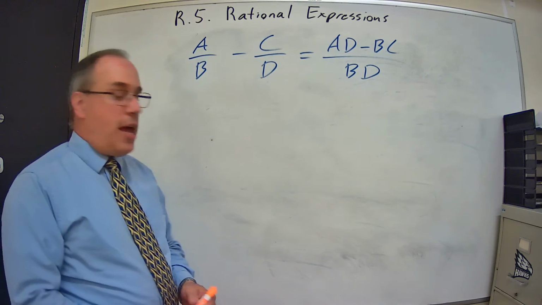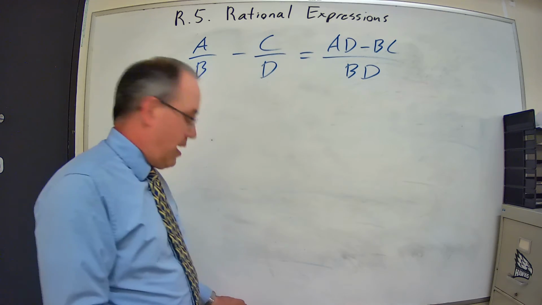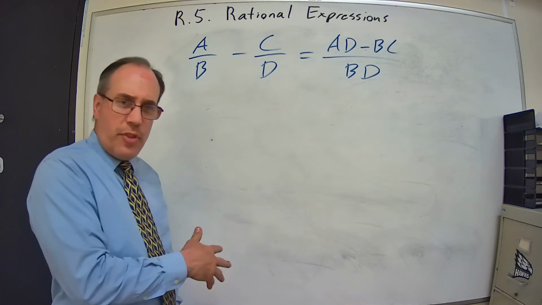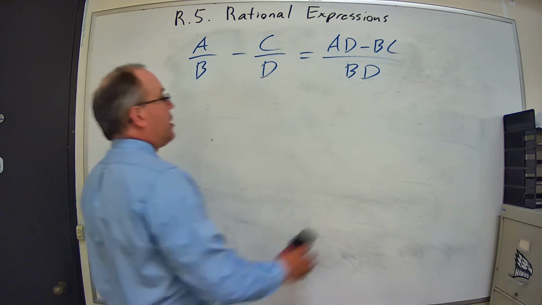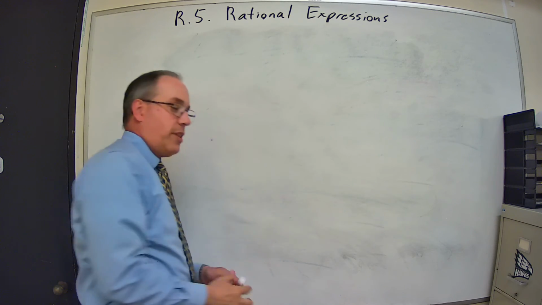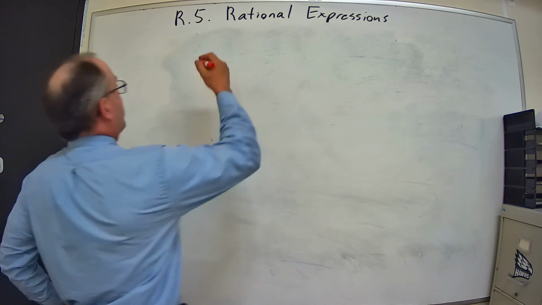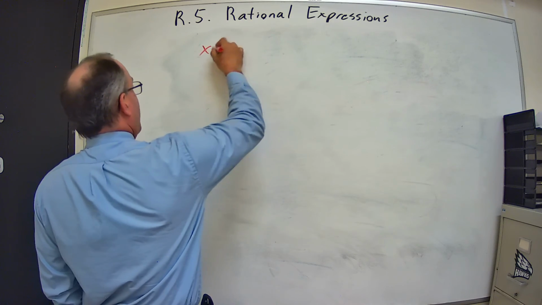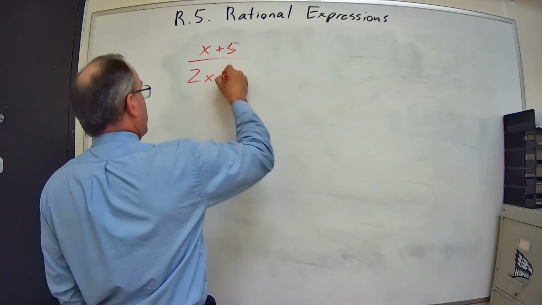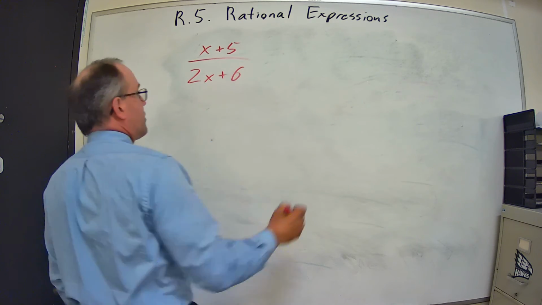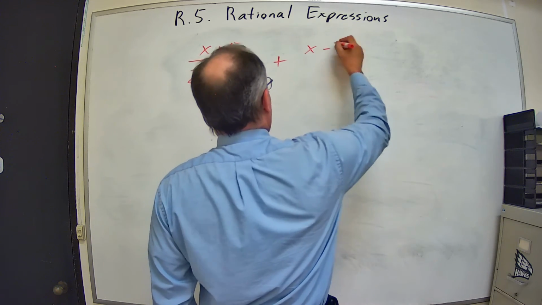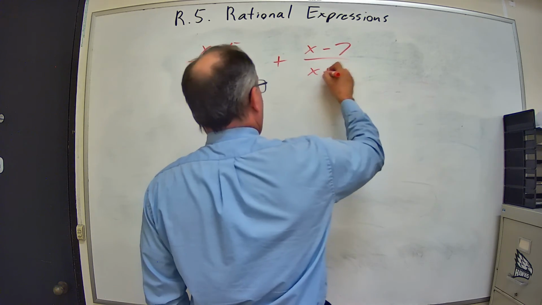Now, sometimes we have to deal with finding a common denominator, the least common denominator. Here, and in the example that we just did, we found a common denominator. But let's take a look at, and we're not going to go through simplifying or anything else with it, what if we have this? x plus 5 over 2x plus 6 plus x minus 7 over x plus 3.